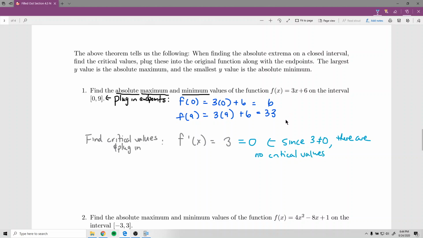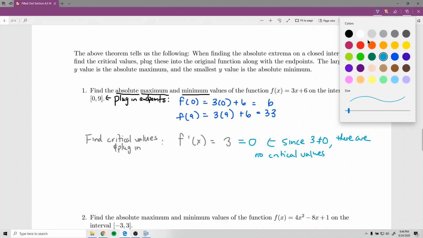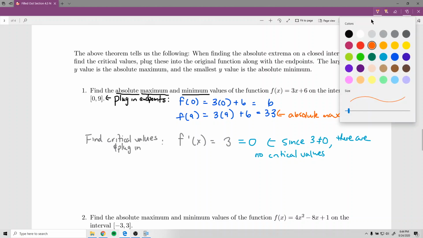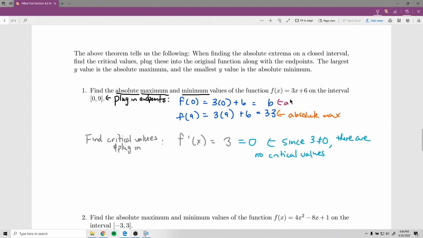Right? There are no critical values, which means these are the only two choices we have to find the absolute maximum and minimum. 33 is the bigger one, so this is the absolute maximum. And 6 is the smaller one, so this is the absolute minimum.